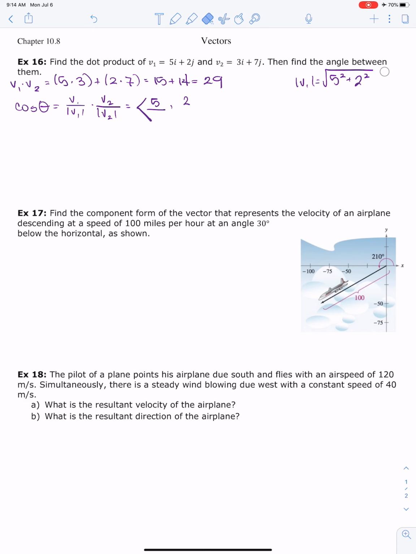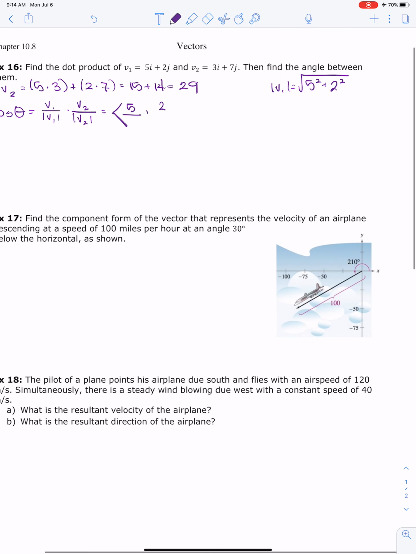So 5 squared is 25, 2 squared is 4, 25 plus 4 is 29. 5 over square root of 29, 2 over square root of 29. If I were just using this vector, I would get that radical out of the denominator. Because I'm taking the dot product, I'm going to end up multiplying things, so I'm just going to leave it for the time being.